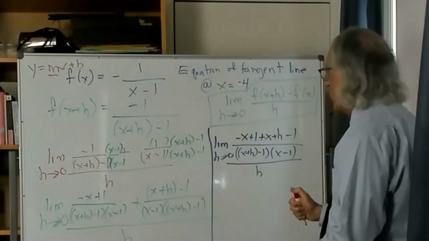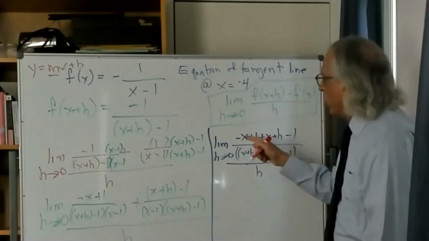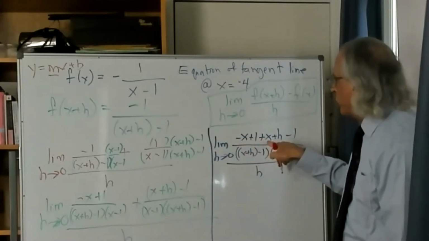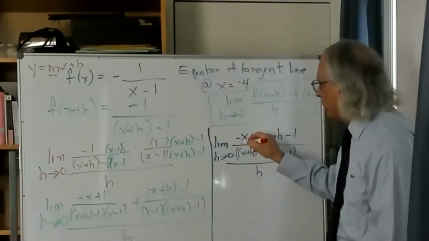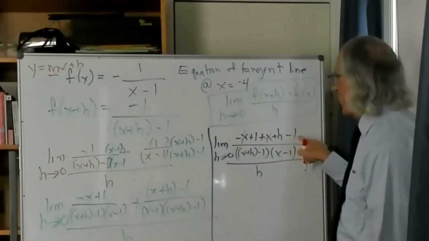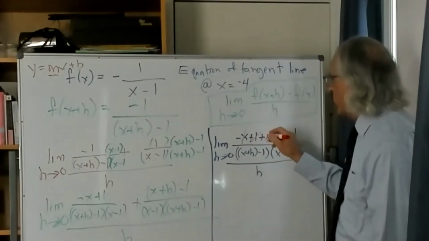Good. Well, I'm looking at this. I got a negative x and a positive x. Let's get rid of those. And I got a positive 1 and a negative 1. Let's get rid of those.